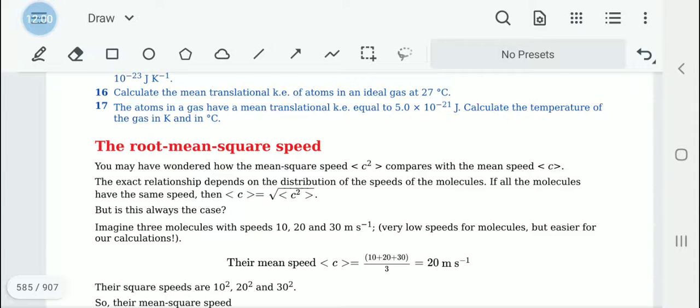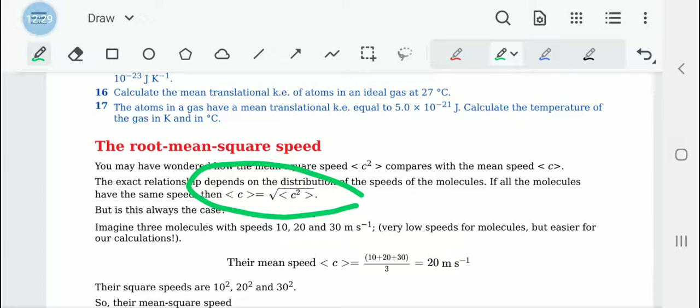How these molecules with different speeds are distributed will give out the relationship. When we take that into consideration, we get the equation: the average speed is equal to the root mean square speed.